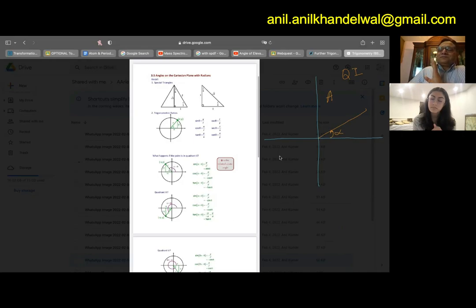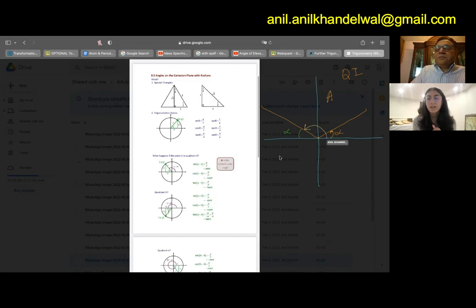Is it okay? Now, I move this arm and come to this position so that the angle now becomes alpha with the horizontal line. It's like an angle of elevation. You see that? So in this case, the angle from here to here is how much?